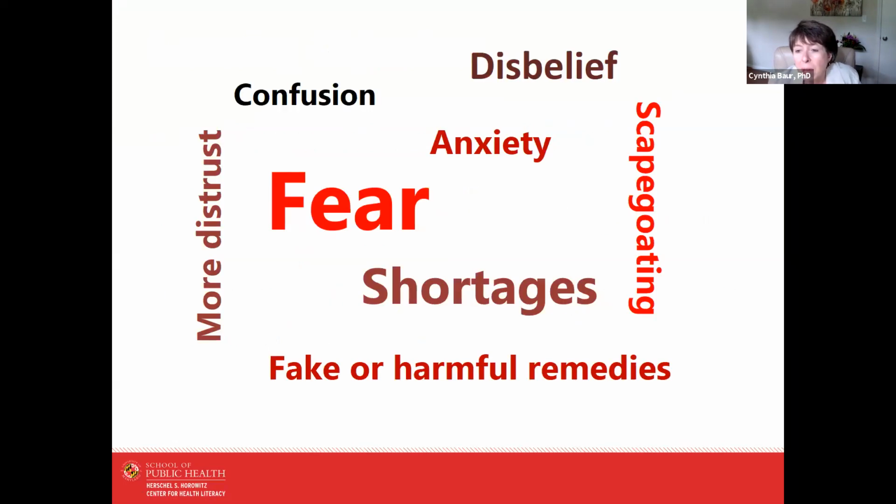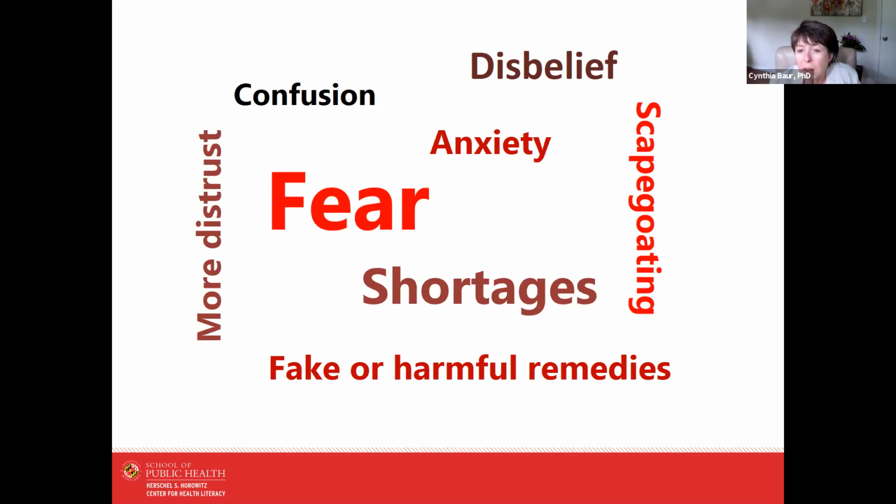So I know that many of you have probably been following the news quite closely since early this year. And we know that in addition to all of the health recommendations and protective health behavior information, there's a lot of other things going on in the broader information environment. And we're hearing that people are very confused, that potentially they're distrustful, they're afraid. We've seen shortages of very important products and materials that we need.